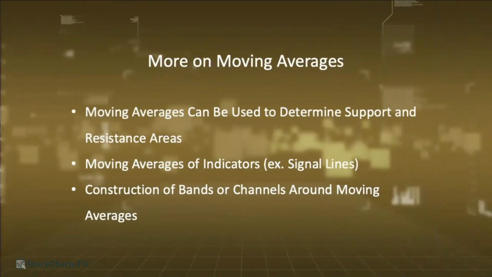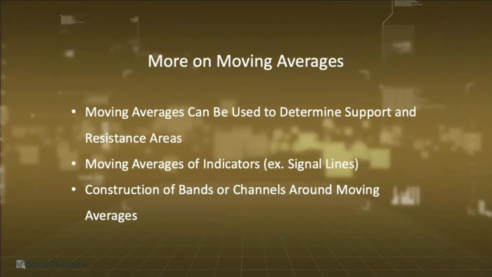All right, a few other things on moving averages. They can be used to determine your support and resistance areas, which is what we were just talking about as well. We talk about support being found on moving averages, or resistance being there if price is coming back up to it. We use moving averages for indicators.